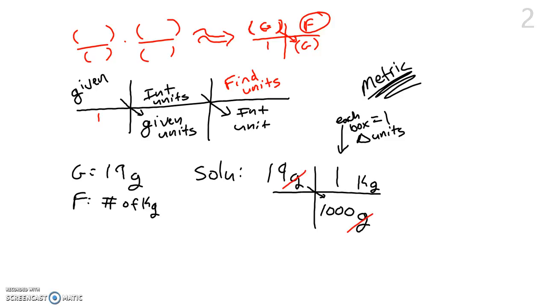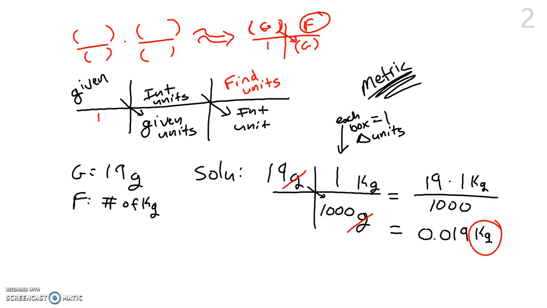So let's do some math. Now we're left with 19 times 1 kilogram divided by 1,000. Well, that equals 0.019 kilograms. And of course, this right here is what we're trying to find.